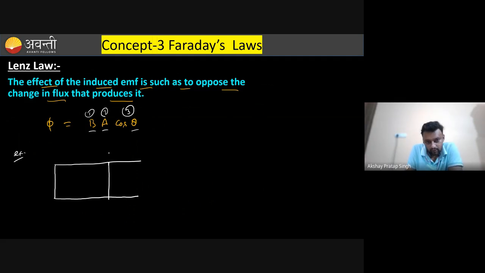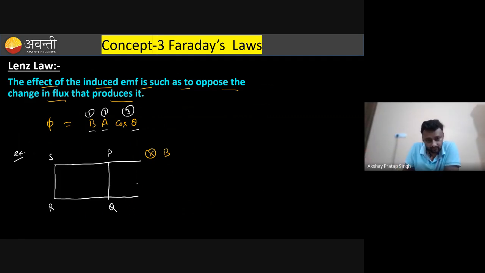Let's suppose there is a loop P, Q, R, S. This is a loop. And there is a magnetic field as well. And this magnetic field is into the plane. Can you imagine? The magnetic field is going into the screen on which you are watching.